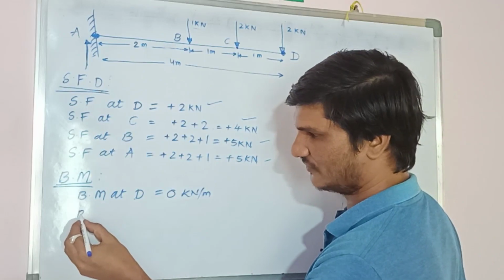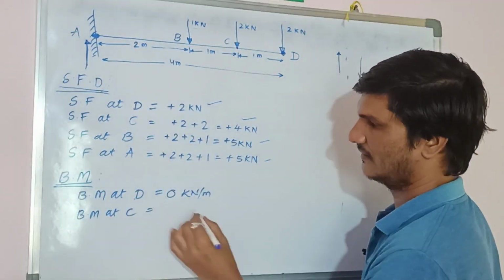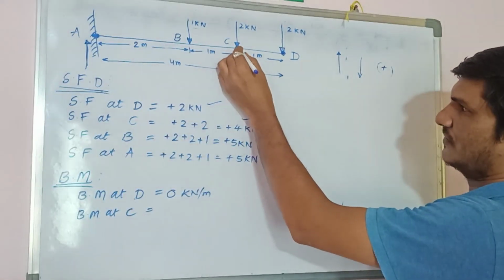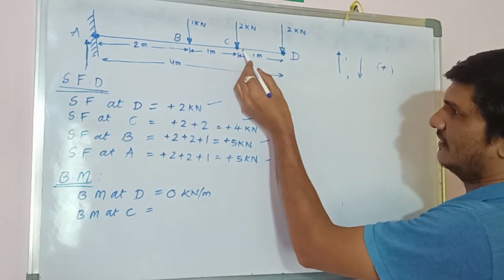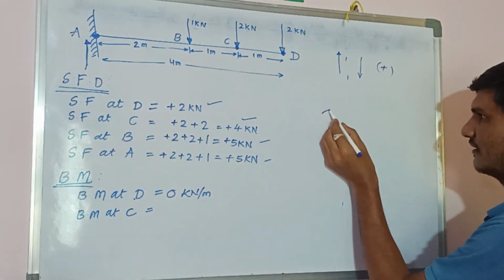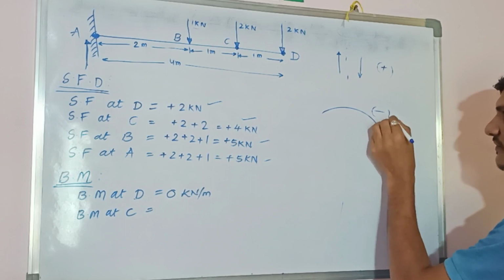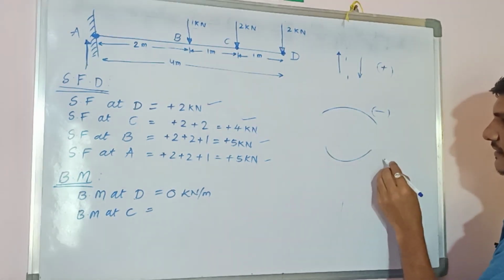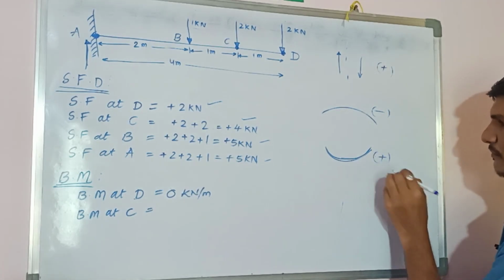Now similarly we will calculate the bending moment at C. Here the bending moment will be considered negative, and if the direction is upward, then it will be taken as positive.